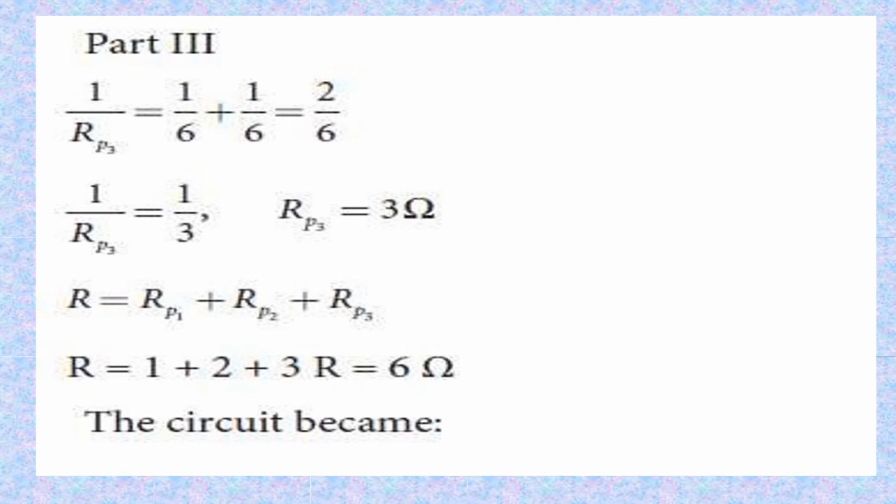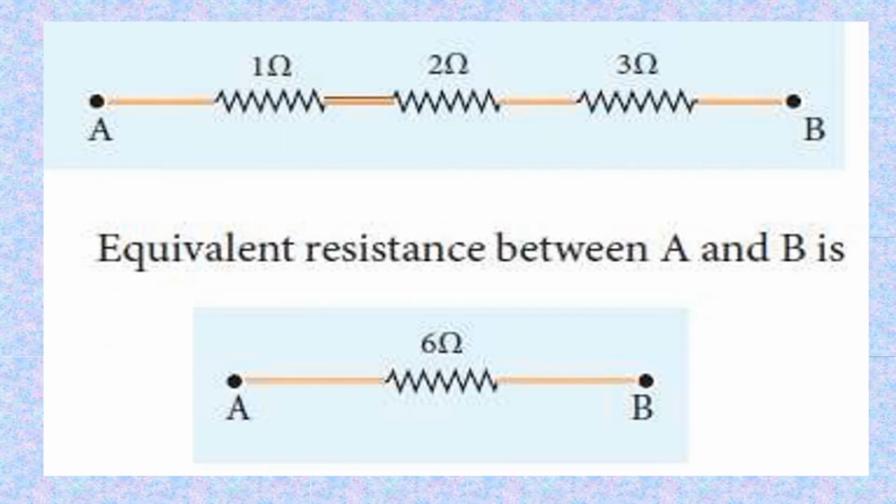By adding them, we will have the total resistance, and that would be 6 ohms. And the circuit became this one. You can say the equivalent resistance between A and B would be what? 6 ohms. So this is the way that you can reduce the actual circuit into an equivalent resistance circuit.